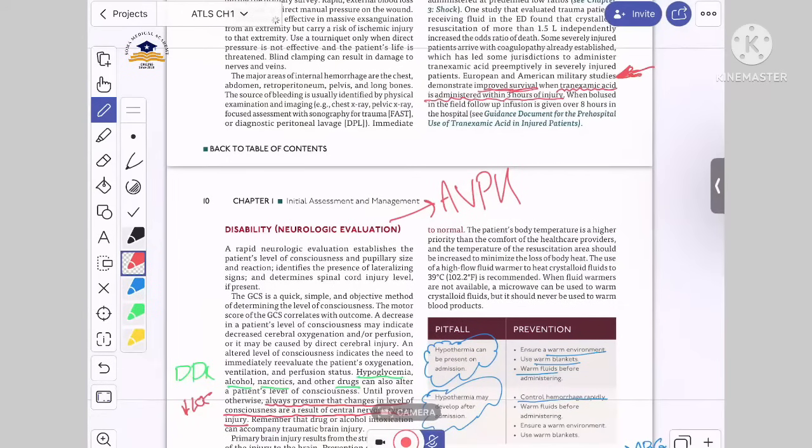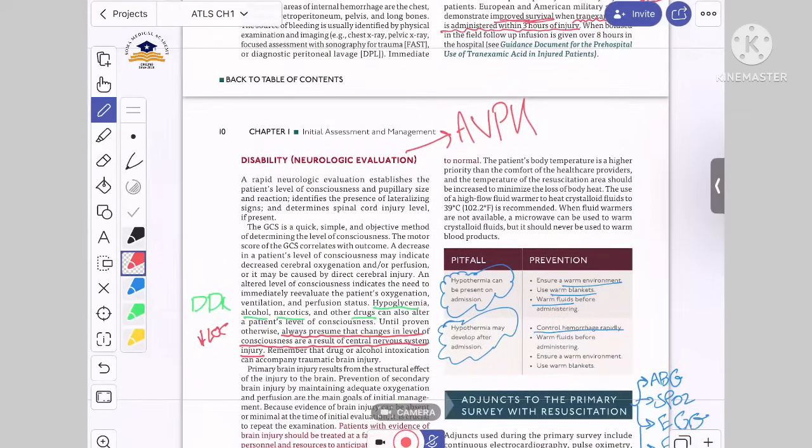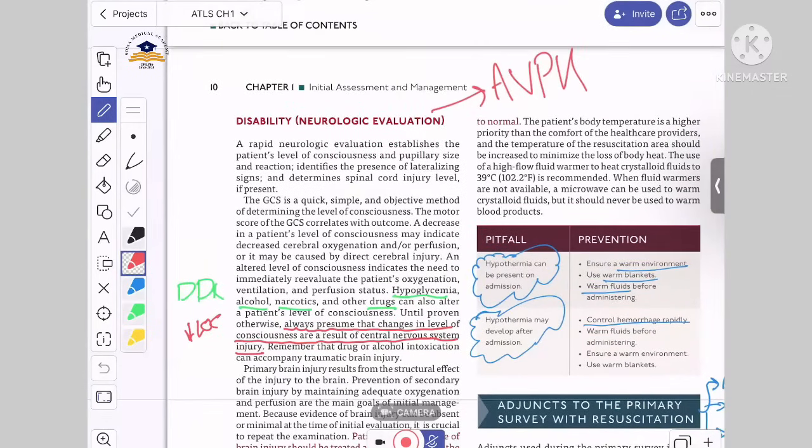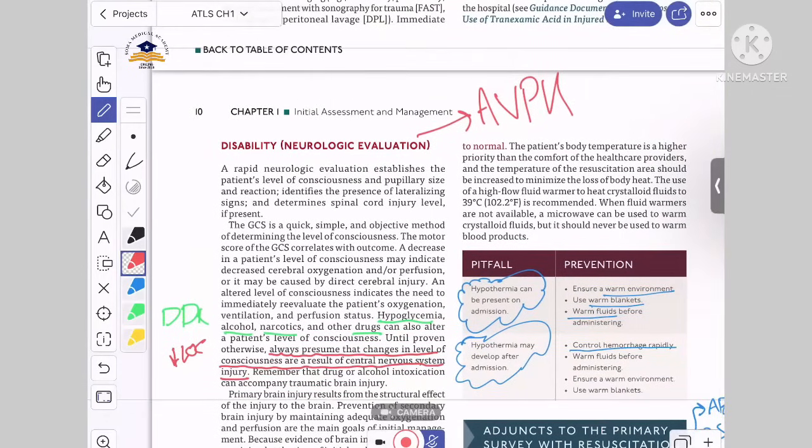Now, regarding disability, which is a neurological evaluation, this is very important to know. I don't want you to take a full history and a full neurological examination for a trauma patient. In the primary survey, I want to know just if our patient is one of these: AVPU.